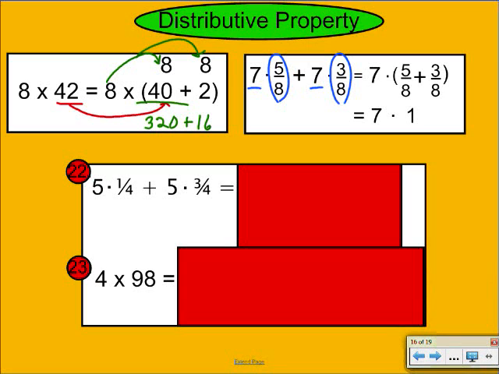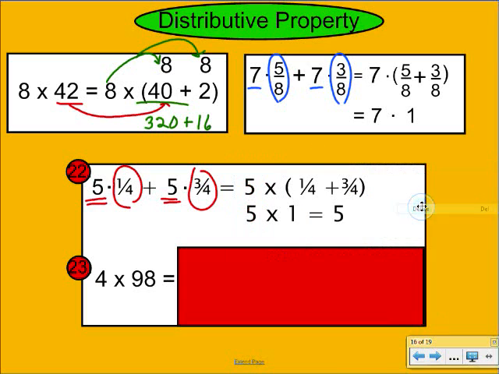Okay, welcome back. Let's look at number 22. Since I'm taking the same number, 5 times each fraction, I look at my fractions and I say, wait a minute, I can combine those fractions to make it an easier problem. And so I'm going to just take 5 times the sum of 1/4 plus 3/4, and that sum is 1. So 5 times 1 just gives me a 5.